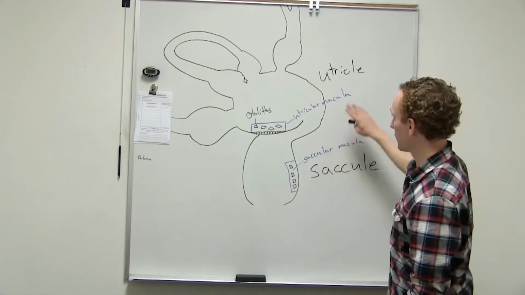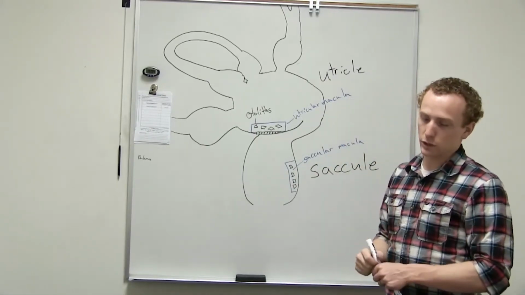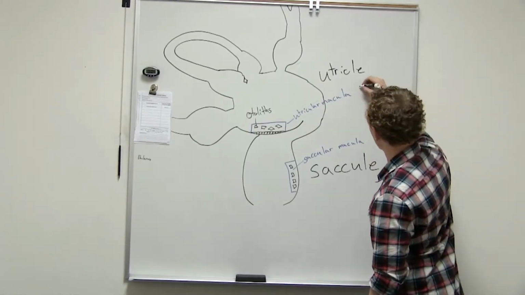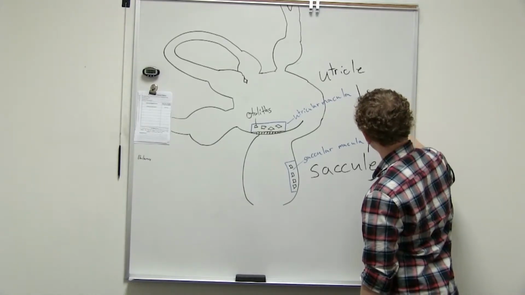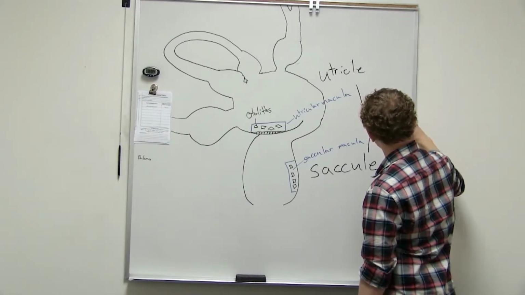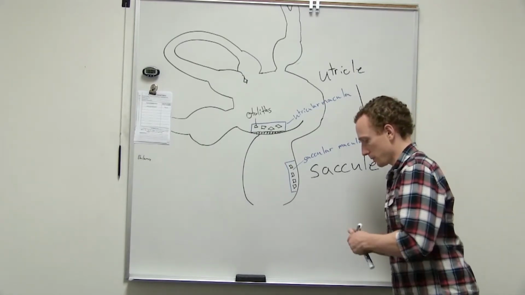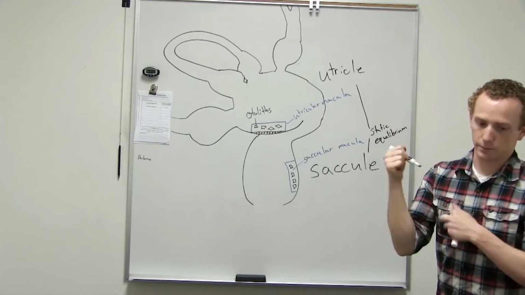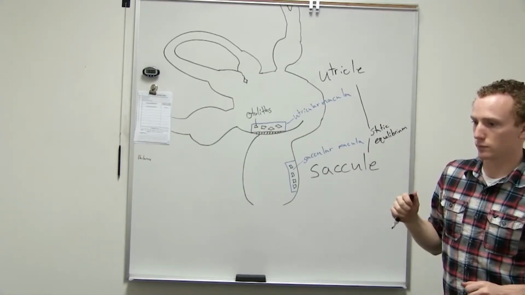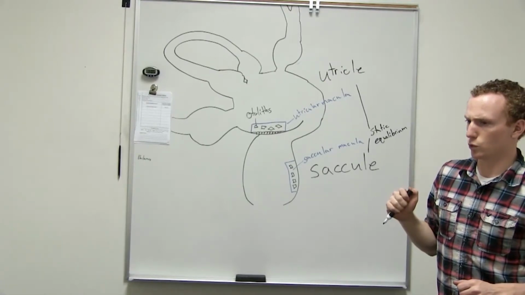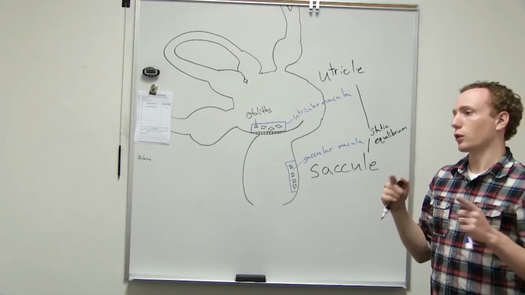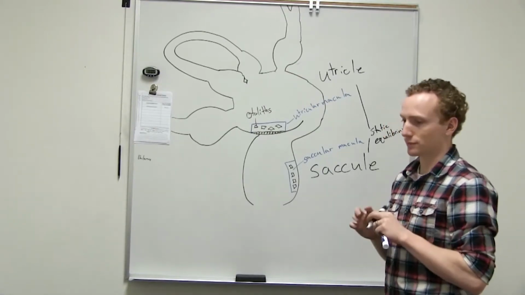But we classify these as static equilibrium. And the hair cells are on the bottom, and the stereocilia are on top of the hair cells. That is correct.